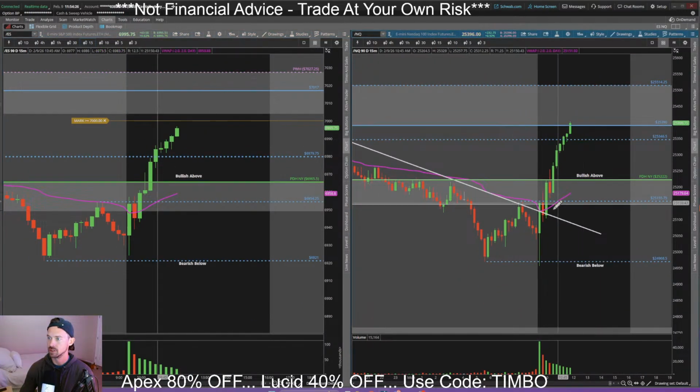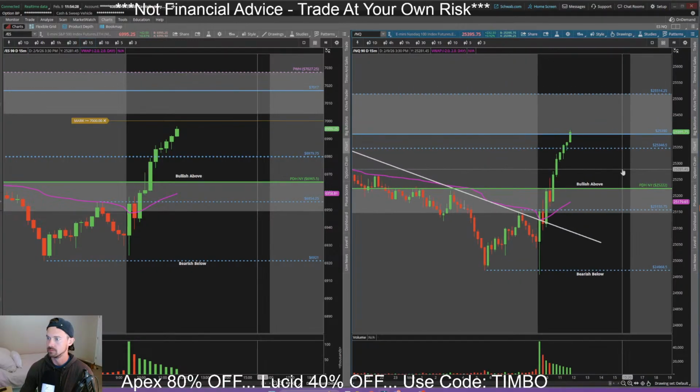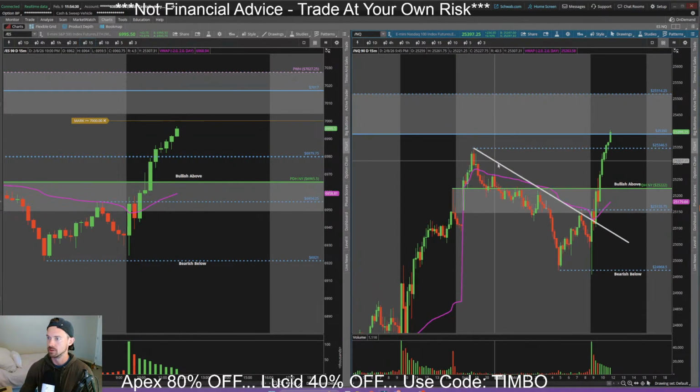Pretty bullish looking chart. Kind of broke that downtrend from the overnight and just back up. We had this push, a little pause, and pushing again.